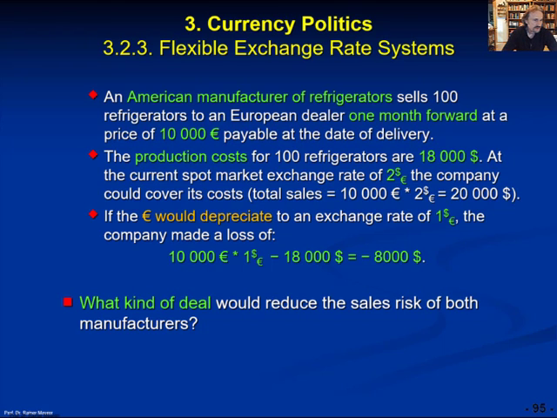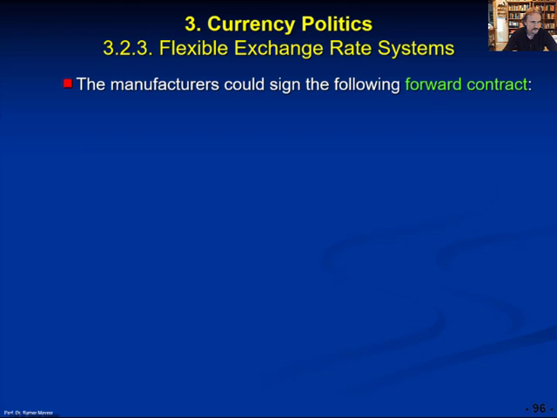What kind of deal would reduce the sales risk or the exchange rate risk of both manufacturers? Let's assume that the managers of both companies meet by chance at an airport and talk about their exchange rate risk exposure. In such a situation, they could discover the following possibility to eliminate their exchange rate risk mutually.